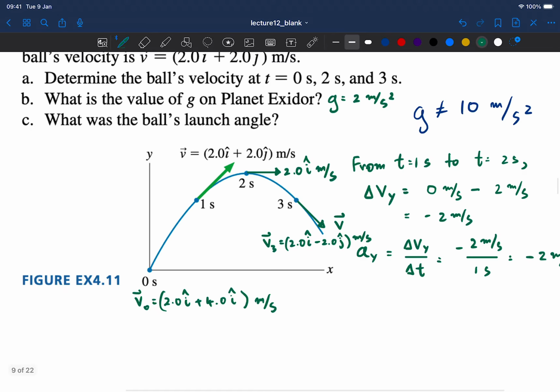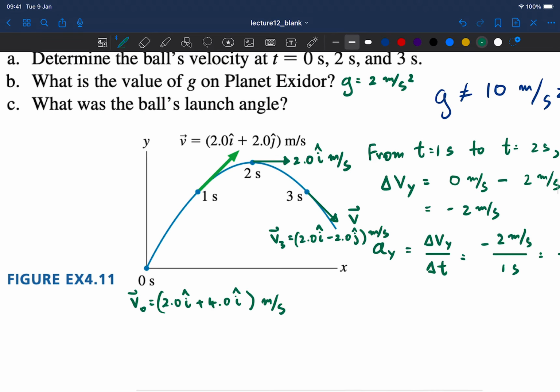What is the ball's launch angle? The launch angle is essentially asking: if the velocity at 0 seconds is 2i plus 4j, what would be the angle here?